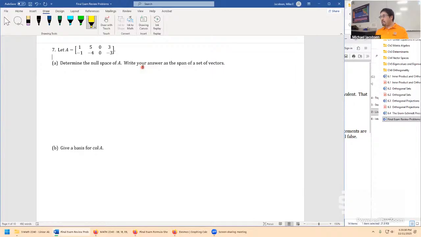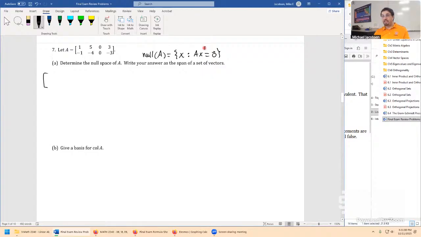So to determine the null space for this one, not a bad idea to just remind yourself that Null A is going to be the set of all vectors x such that Ax is a zero vector. So a null space is just the collection of all solutions to the homogeneous equation here. We'll write our answer as a span of a set of vectors, but it's a really fast row reduction.